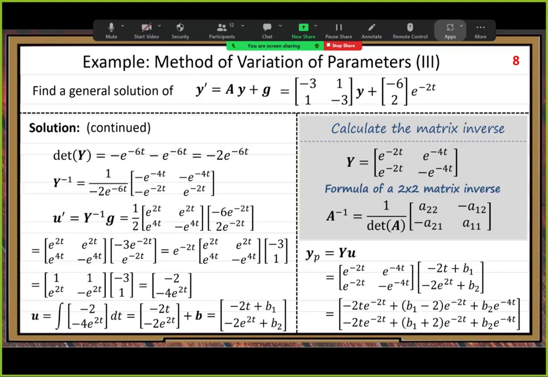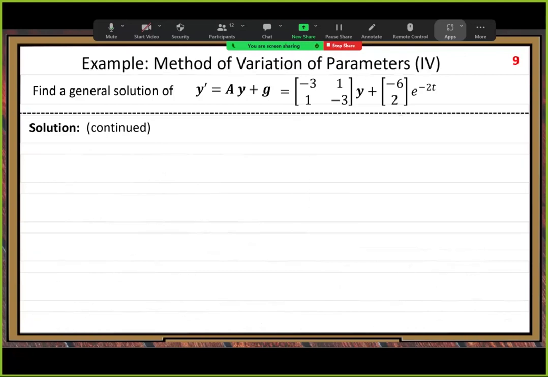Next, on our final slide, we want to write the final solution, adding up the YH part and the YP part, and at the same time do some simplification in our final expression. The last step.